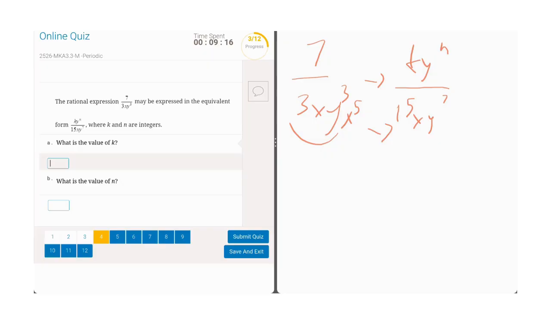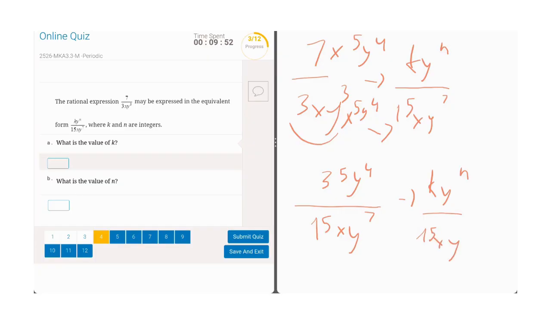X stays as x, y power 3 becomes y power 7, so we need to multiply it by y to the power 4. So since we need to multiply the denominator by 5y to the power 4, we also do that to the numerator. So 7 times 5y to the power of 4 will be 35y to the power 4 over 15xy to the power 7. And here it is exactly like kxy to the power n over 15xy to the power 7. So 35 would be k and 4 would be n.